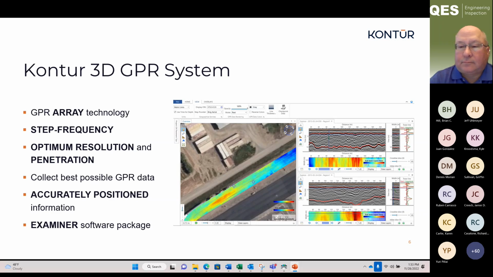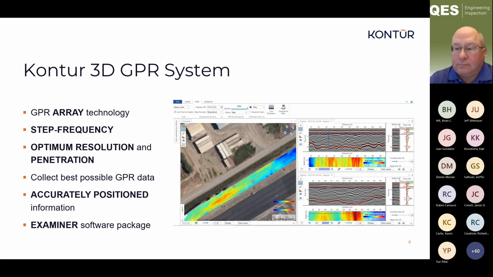So the 3D radar system that's available through Contour. It is a GPR array, which means we have a whole series of the antennas along the width of the antenna array. And each one of those then has stepped frequency capabilities. And by having the array and the step frequencies, we can get both optimal resolution and penetration into the pavement.